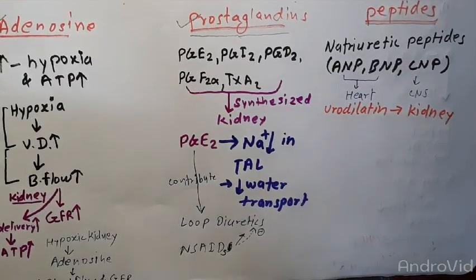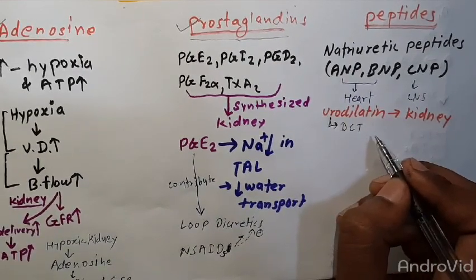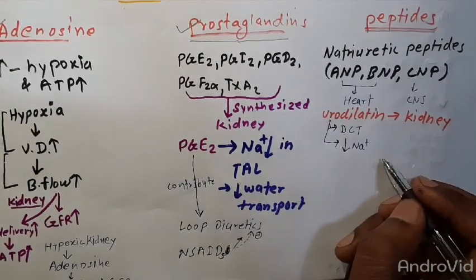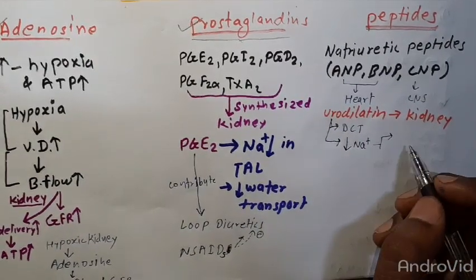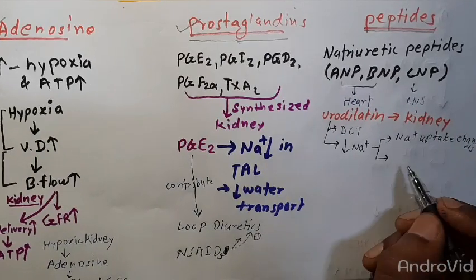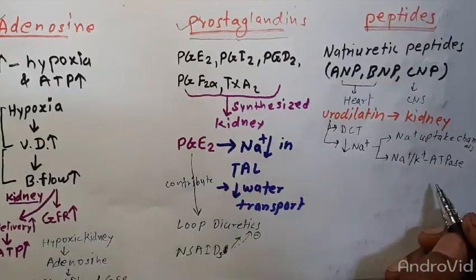The urodilatin is made in the DCT epithelial cells and blunts the sodium ion reabsorption through effects on sodium uptake channels and the sodium potassium ATPase pump.